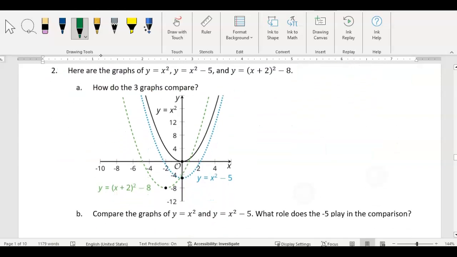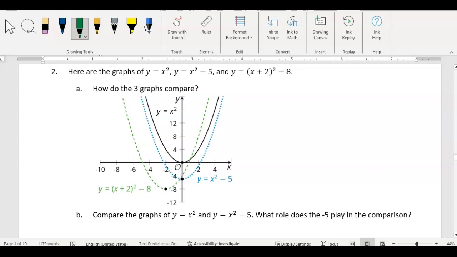It says here are the graphs of x squared, x squared minus 5, and (x plus 2) squared minus 8. How did the three graphs compare? So you need to write something here to compare them, right? So x squared is with vertex on the origin.